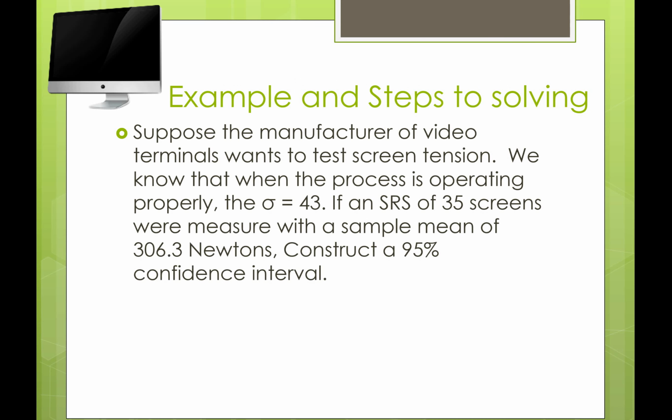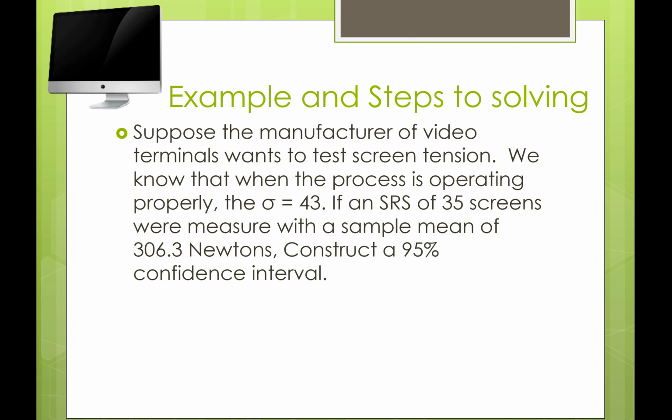All right, so we're going to do one example here, and we're going to use video terminals, like this lovely picture. We want to test the screen tension. That's what we want to measure. We know that when the process is operating properly, sigma is 43.